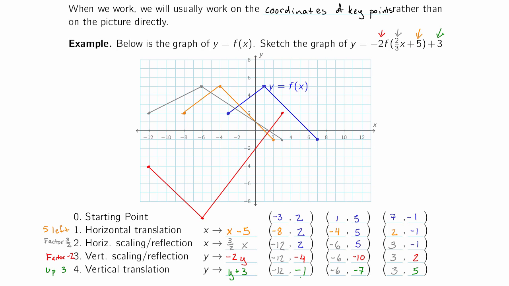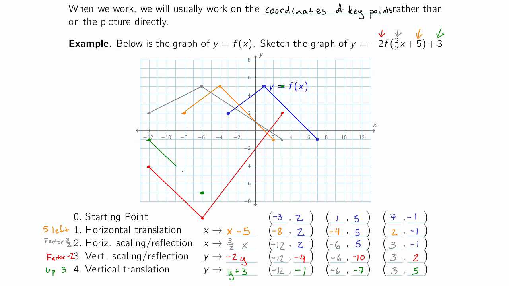So what does our final graph look like? This graph is our final answer. Well, -12, -1, -6, -7, and +3, +5 are our points.